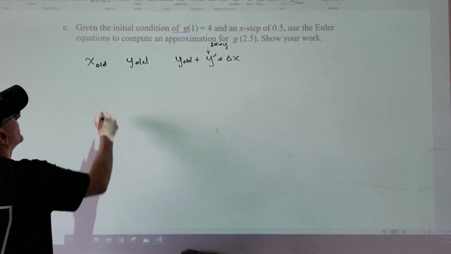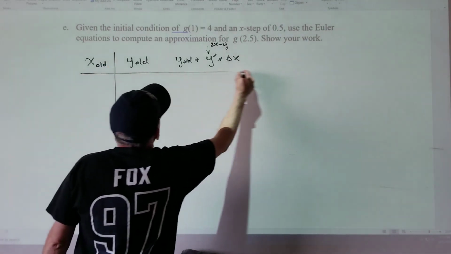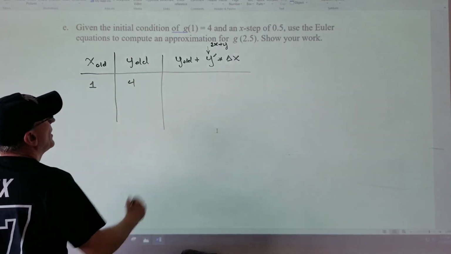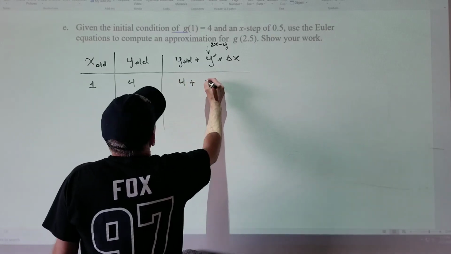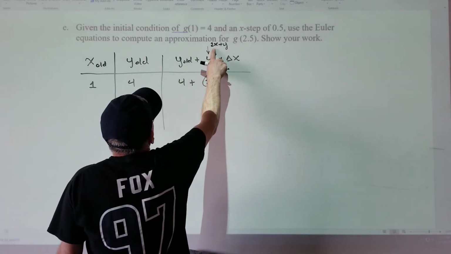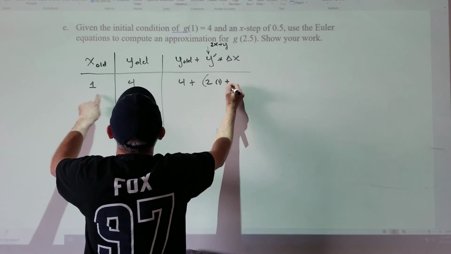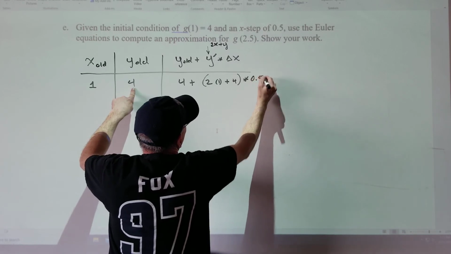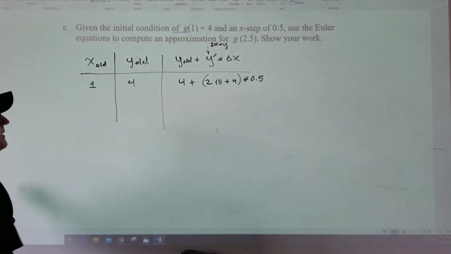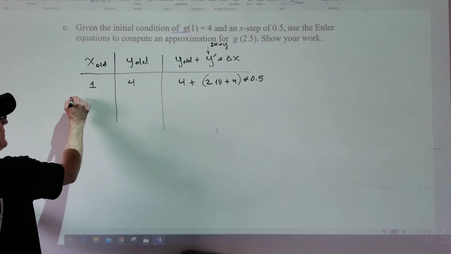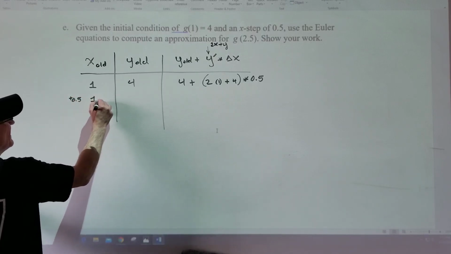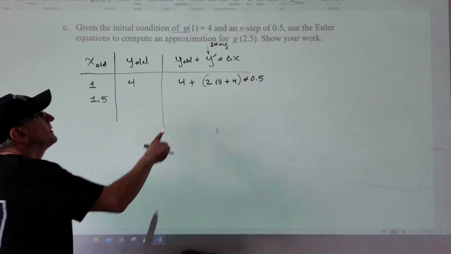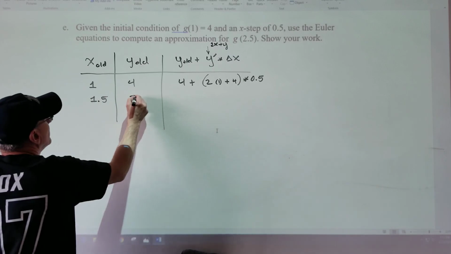When we set this up previously, we took the initial condition 1, 4, put it in there, and got a new y by taking the old y and going 2 times 1 plus 4 times the step. The only difference is last time we were basically done. We made a new x by adding 0.5. Remember that? Just add 1 plus a step, 0.5. This turned out to be half of 6 is 3 plus 4 is 7.